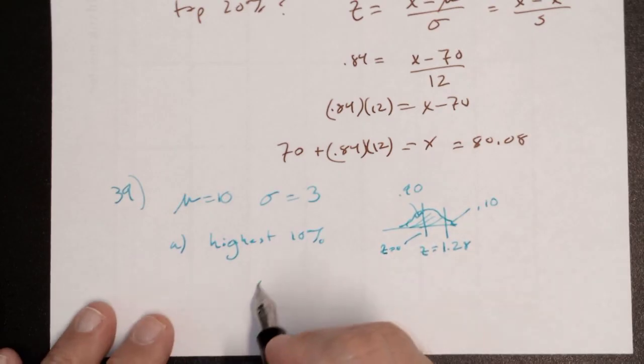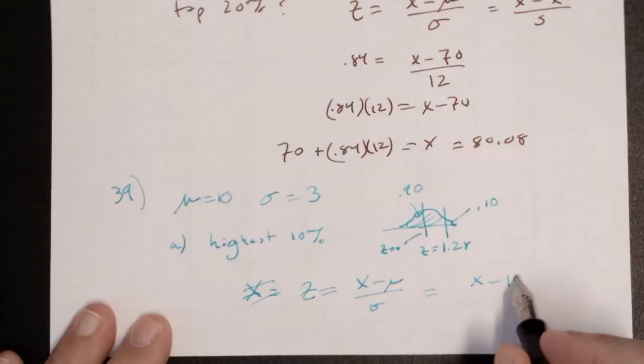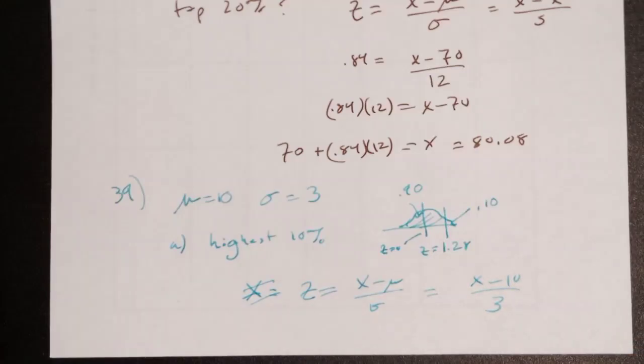Right. So again, I'm doing this conversion. Z is X minus the average over the standard deviation. In our case, that's X minus 10 over 3. And I know the Z score to be 1.28.